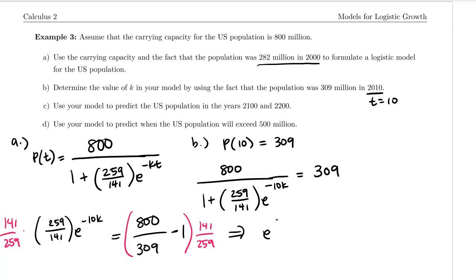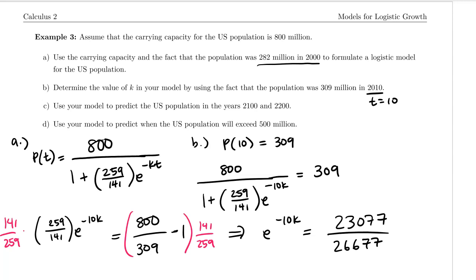So we get e to the negative 10k is equal to, I'm going to go ahead and simplify that fraction. On my calculator, I'm getting 23077 over 26677. From here, I can take the natural log of both sides and then divide by negative 10.